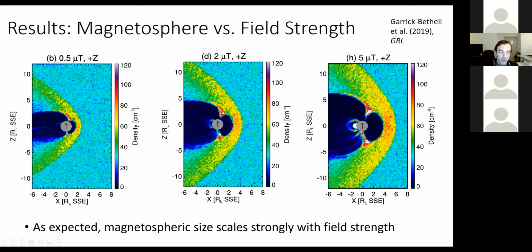You've seen pictures of the Earth's magnetosphere, and it looks very similar, with similar cusp structures forming. Even down at half a microtesla, so it's a very weak field, you still get a very substantial magnetosphere. And at 5 microtesla, you certainly can see that here. You can imagine there may have been radiation belts starting to form even at 5 microtesla.